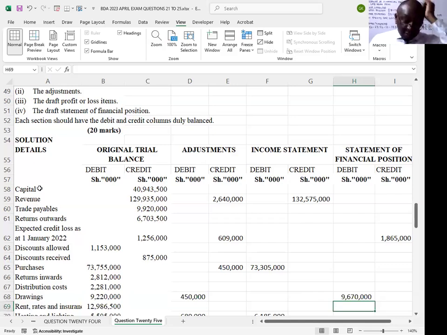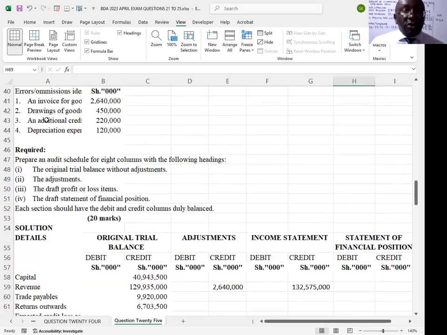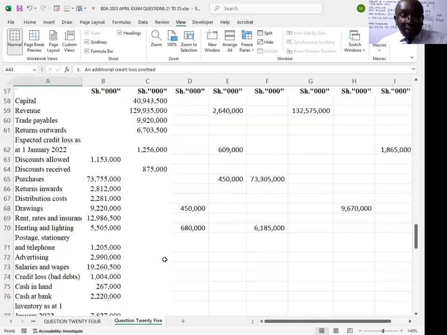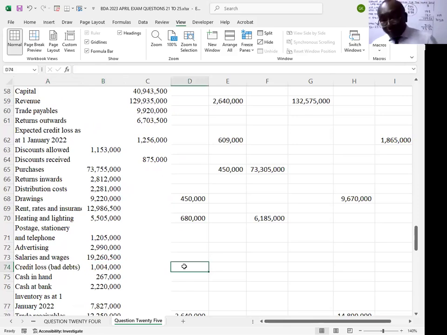Higher. The next one is an additional credit loss omitted. So we have another one. So this one that was omitted, it is supposed to come and increase this credit loss. You see this one? We are supposed to increase it. So we debit here.